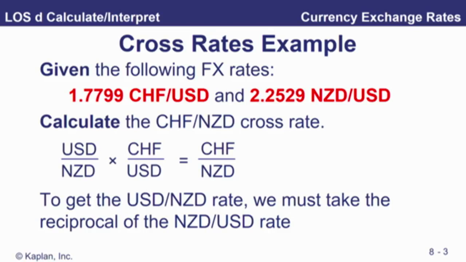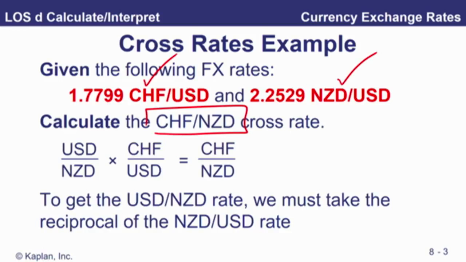We are asked for the Swiss to New Zealand cross. Okay, well, obviously this rate here has the Swiss in it. Your second one has the New Zealand dollar in it. But there's a third currency, USD. We're going to use those 2 rates to cancel out the US dollar and be left with Swiss francs per New Zealand. How do we set it up?